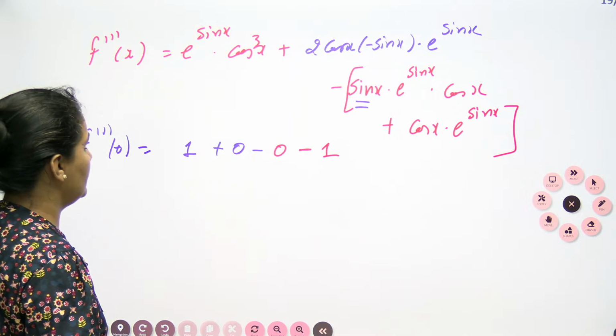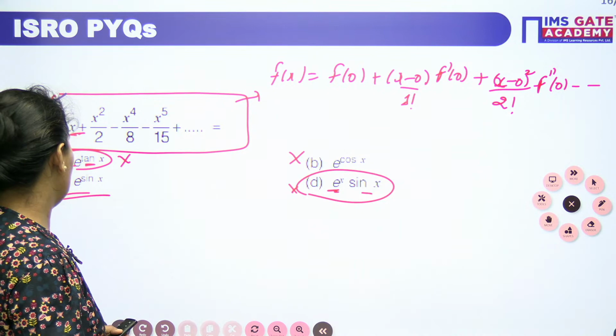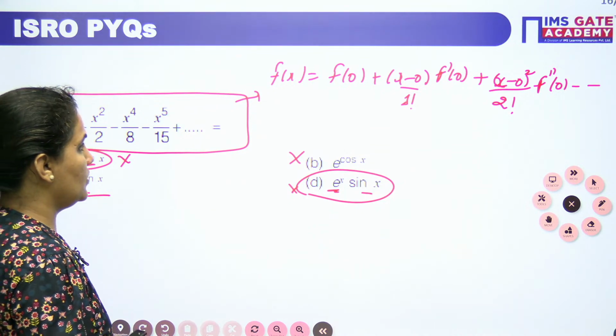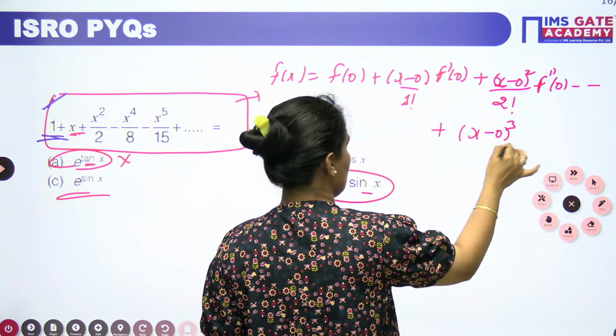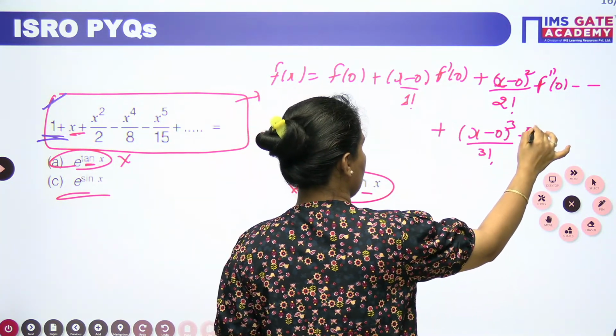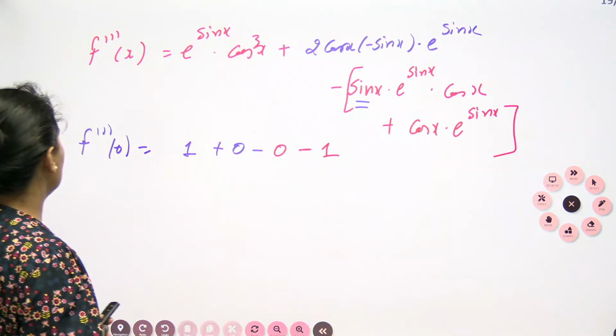Wait a minute. We need the result as x cube by, the next term will be (x minus 0) whole cube by 3 factorial f triple dash 0. So we are approaching for the triple dash only.